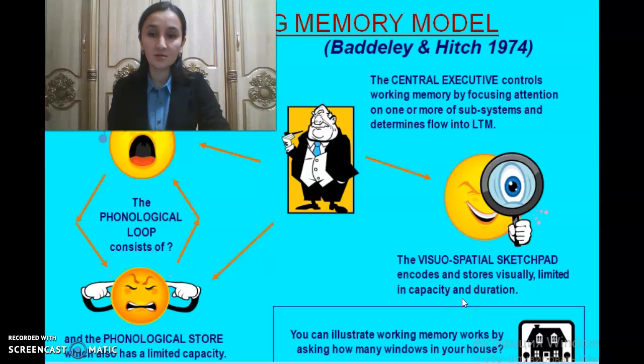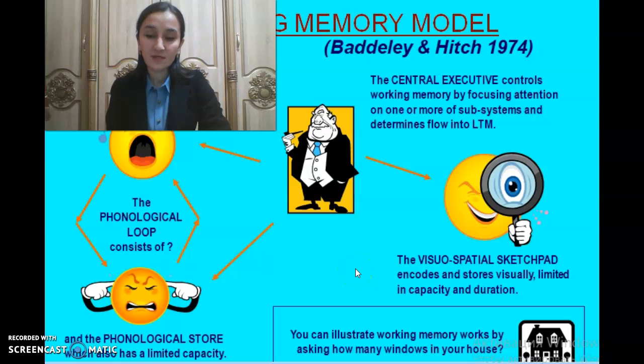The next stage is about the working memory model, which was created or found by Baddeley and Hitch in 1974. As you see in the first picture, we have the phonological loop.